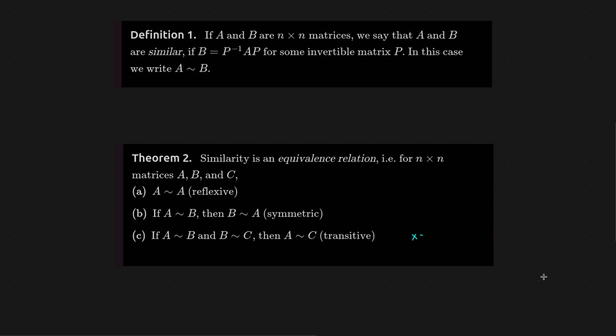Okay, so as I said, it's not equality, but it has these three properties just like equality does. So we call it an equivalence relation. The relationship is kind of like equality. It forms a kind of equivalence.